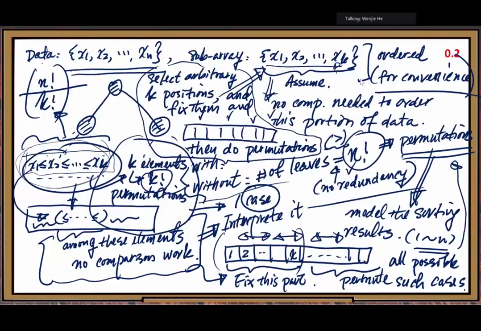The new number of leaves should be n factorial over k factorial, because that's the real number of different sorting results we will have. All right, now we can make our conclusion, the final formula.